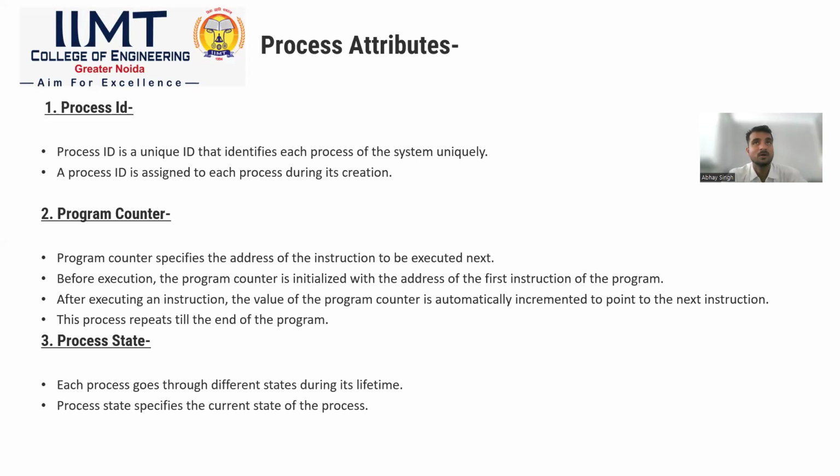When a program is ready for execution in main memory, it is called a process. And when a process is created, a process ID is assigned to it during its creation.